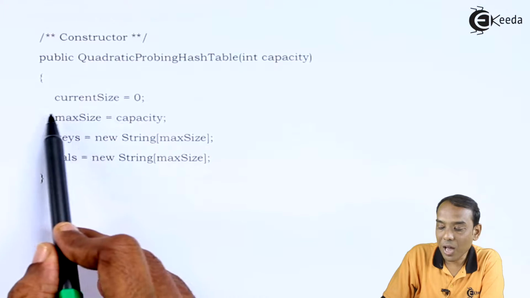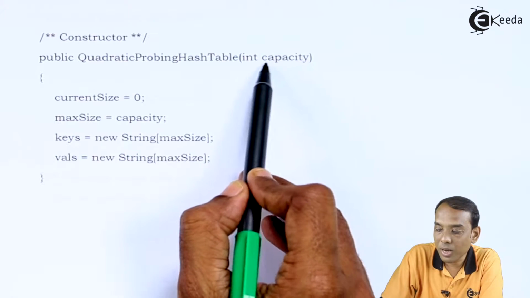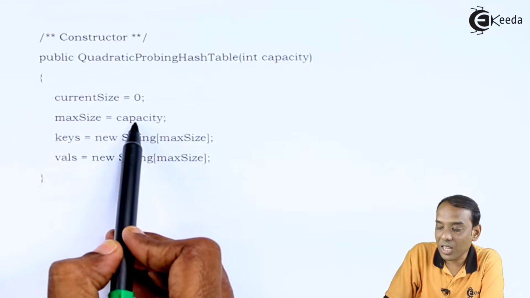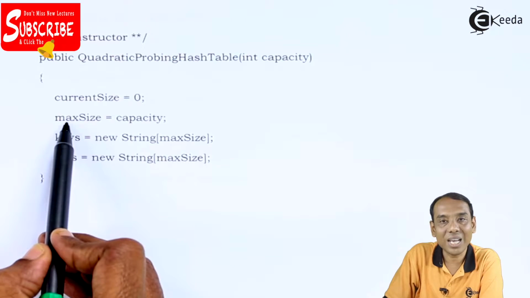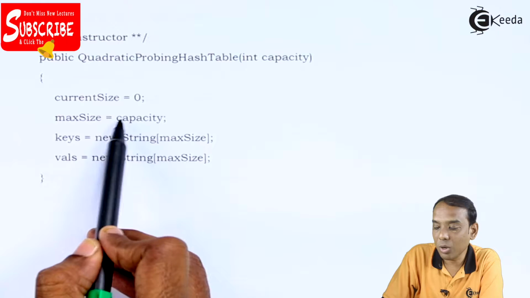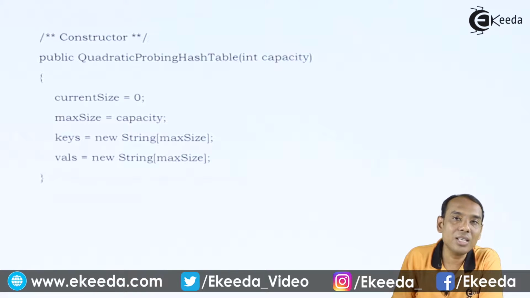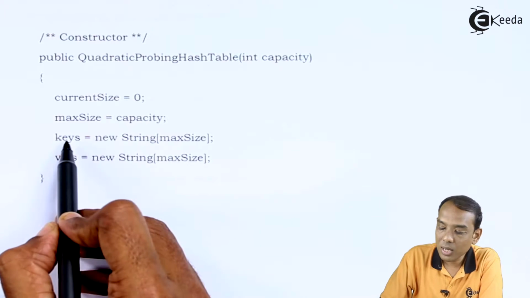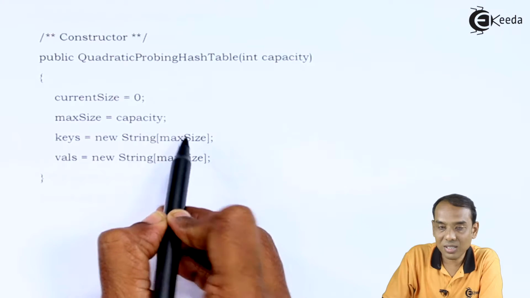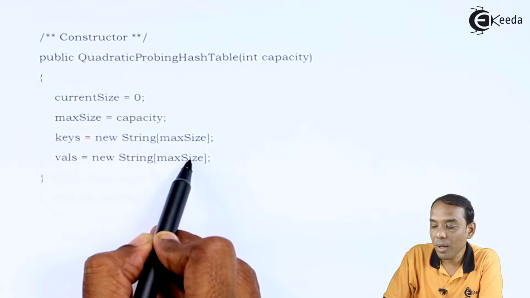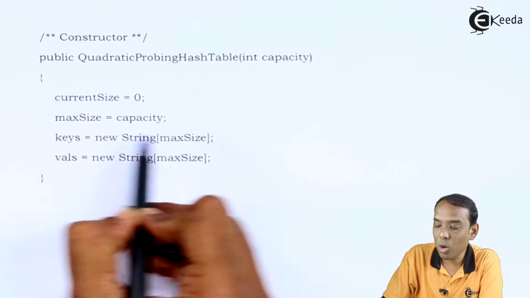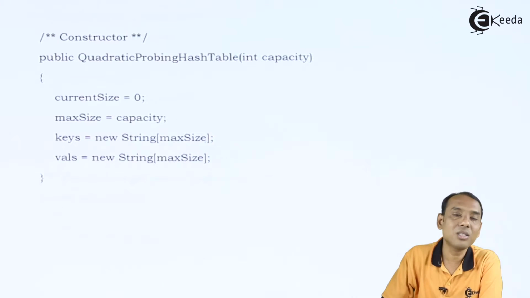Then we take the value of max size from the user through the variable capacity, that is, we transfer the capacity value to max size. We write max size equal to capacity. Then we need to define the size of the keys and values arrays. We write keys equal to new String[maxSize] and vals equal to new String[maxSize]. So we have keys and values the same size as max size.